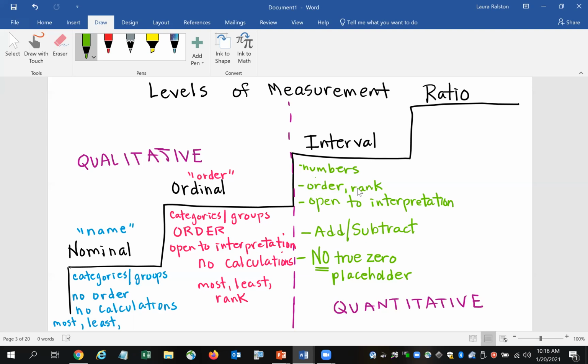That is the placeholder or where we began marking off time. Think about it because we often talk about BC and AD. So again, at some point you had to hit 0. So I've tried to give you a couple of examples of interval, things like temperature, IQ scores, years, or counting off time.